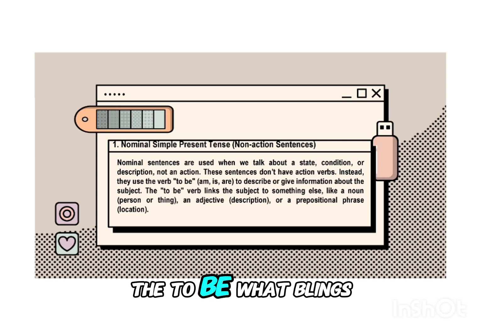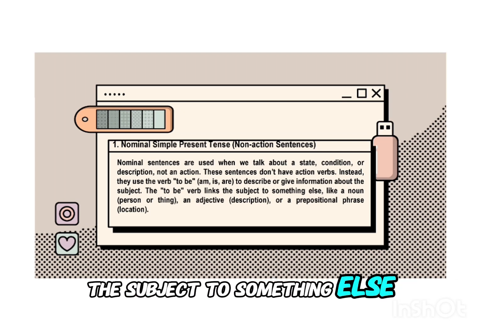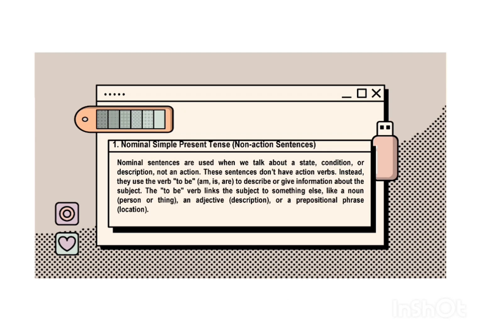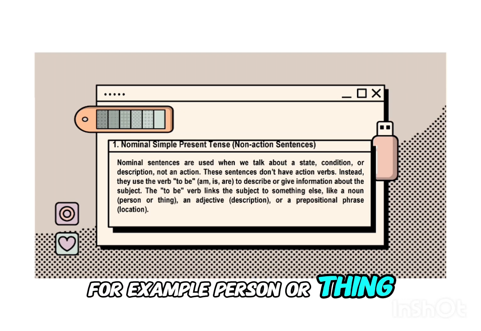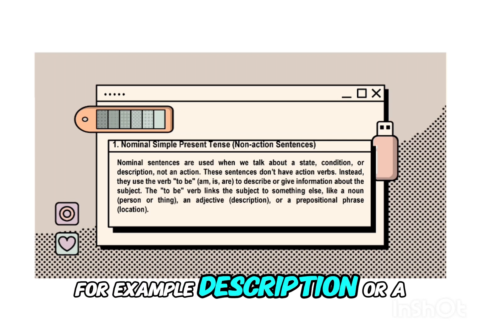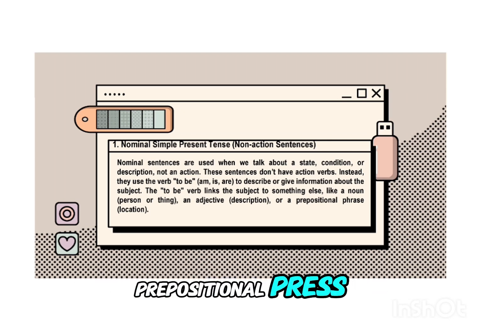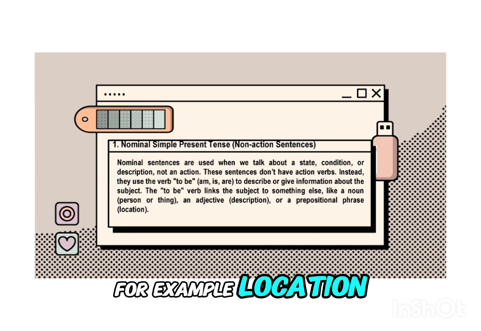The to be verb links the subject to something else, like a noun, for example a person or thing, an adjective, for example a description, or a prepositional phrase, for example a location.